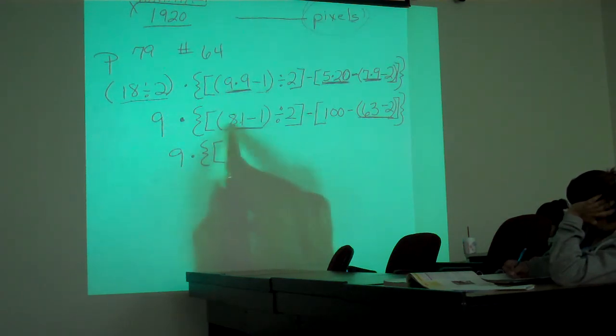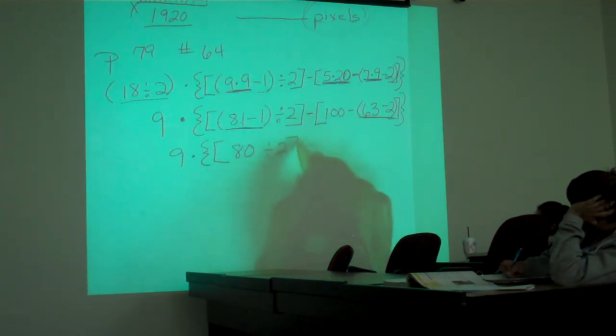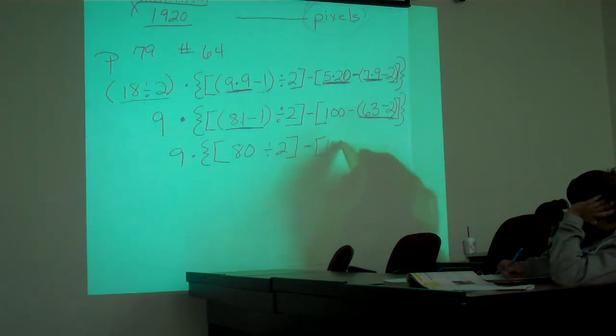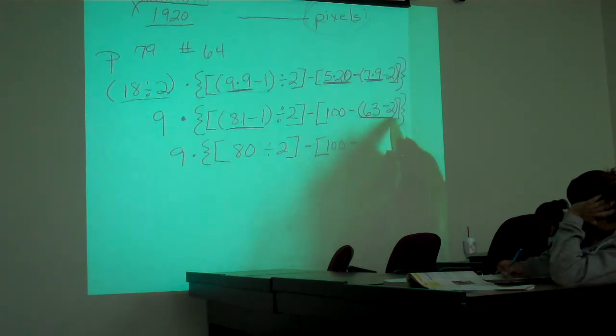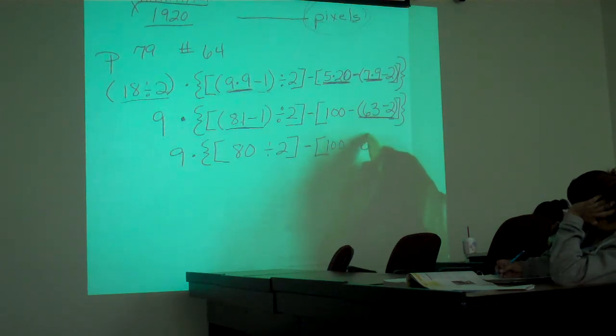You don't need to leave that in parentheses anymore. 80, and then write divided by 2. Minus, then you have 100 minus 63 minus 2, which is 61. We don't need the parentheses around it anymore.